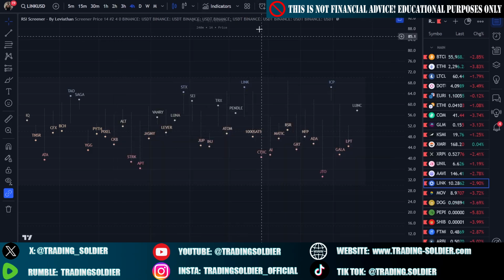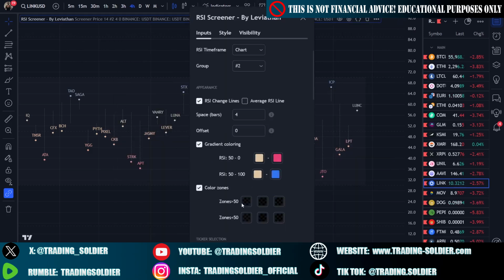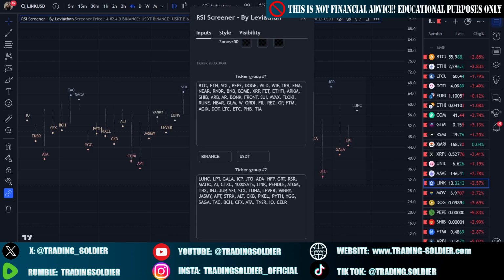You can customize the tickers by different groups. So you can put the top 10 or the top 25 altcoins here by market cap, and you know that these are the RSI of the most traded altcoins, the ones with the biggest market cap in the crypto market, okay? And then you can begin making groups based on your preference.